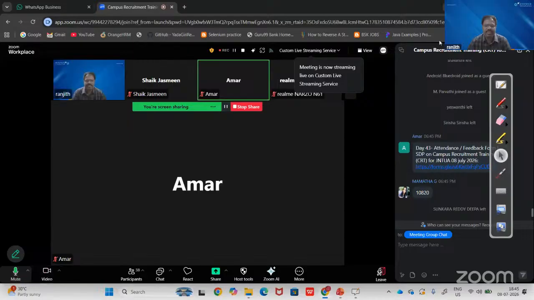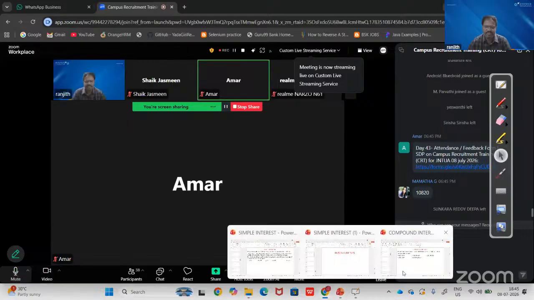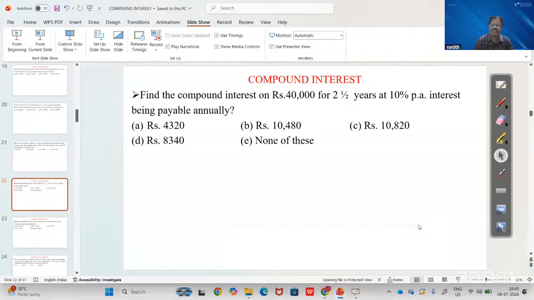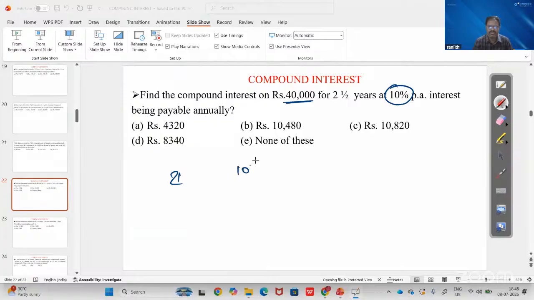Answer is 10,820. Yes. Here, so how we can find out? First year will be equal to what is the 10% of 40,000? 10% of 40,000 is equal to 4,000.